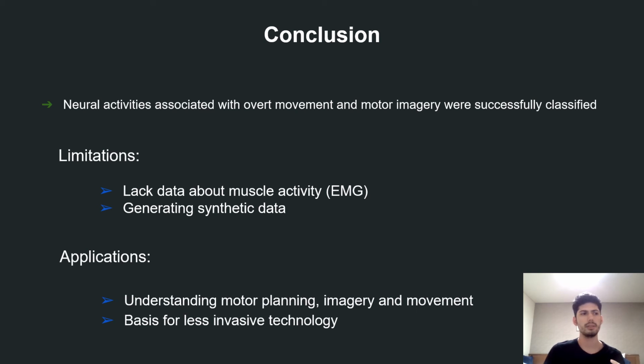The second feature is sliding windows of the prefiltered voltage during movement planning. It was seen that the power spectral density classifier performed better and detected the difference in spectral characteristics of the two motion types with higher accuracy. As a result, neural activity associated with overt movement and motor imagery were successfully classified.